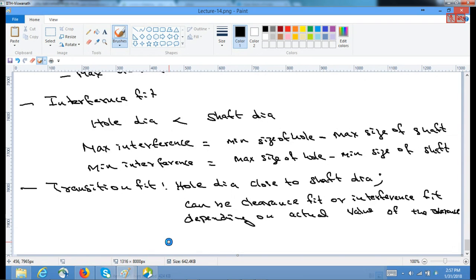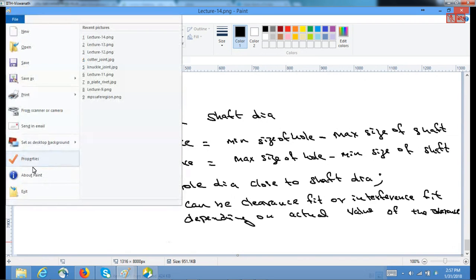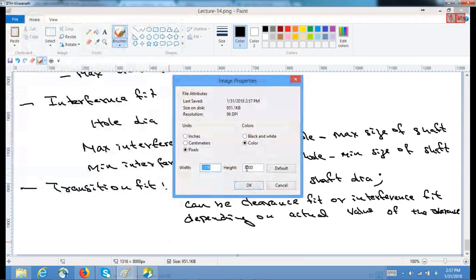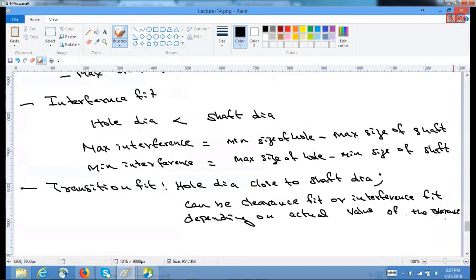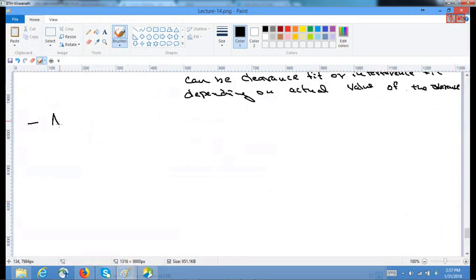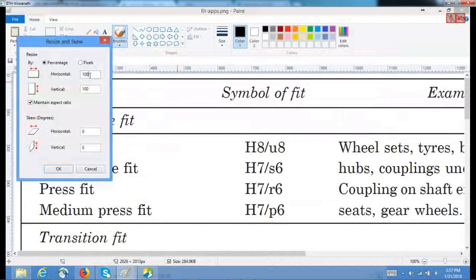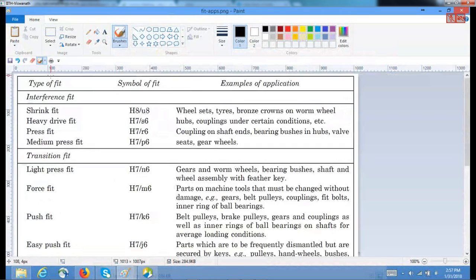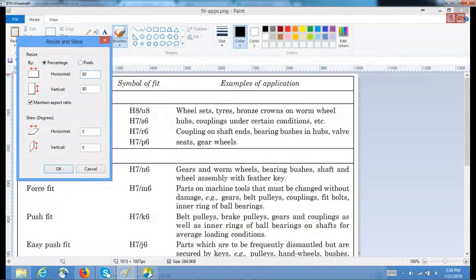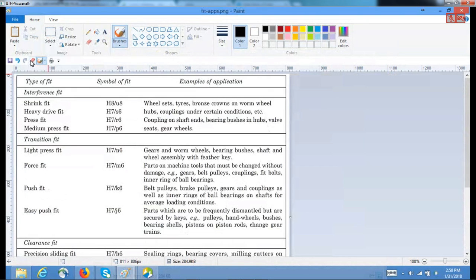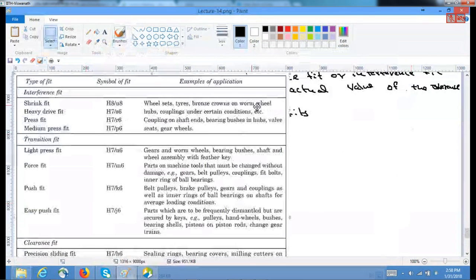And the applications of different types of fits are as follows.